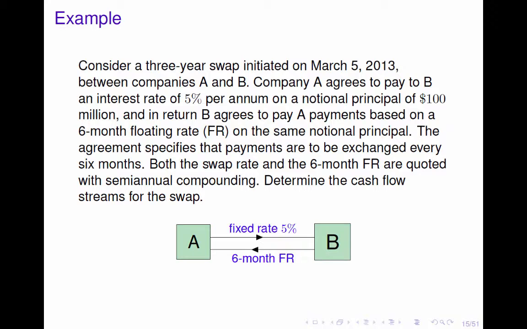And in return, B agrees to pay A payments based on a 6-month floating rate on the same notional principal. The agreement specifies that the payments are to be exchanged every 6 months. Both the swap rate and the 6-month floating rate are quoted with semi-annual compounding. Can you determine the detailed cash flow streams for this swap?